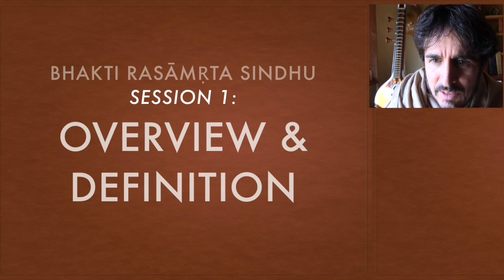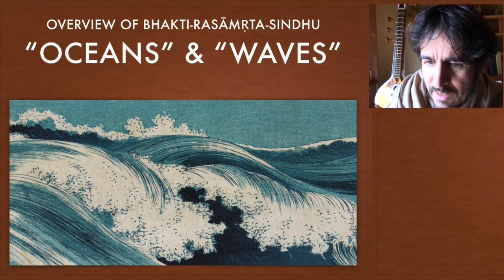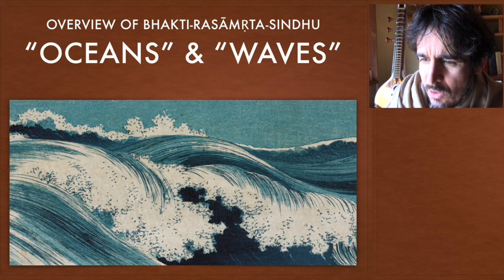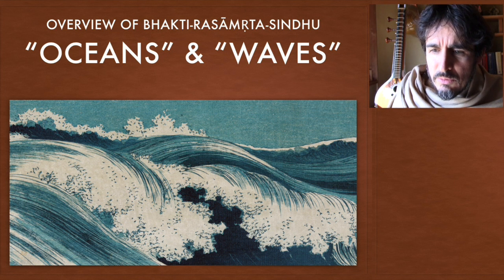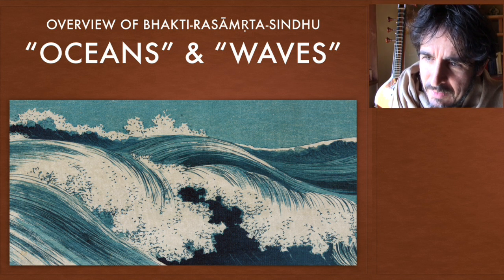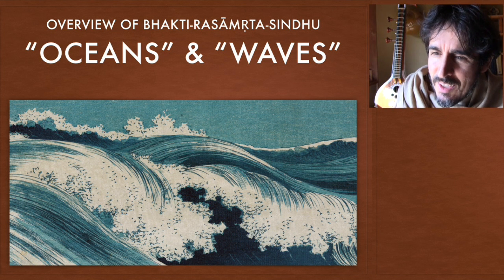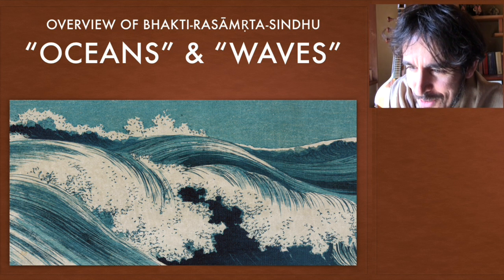The way that Bhakti Rasamrita Sindhu is organized is into, of course, sections, right? But these sections are called oceans and waves. This is because Rupa Goswami is a poet. So he doesn't just call it part 1, part 2, chapter 1, chapter 2.